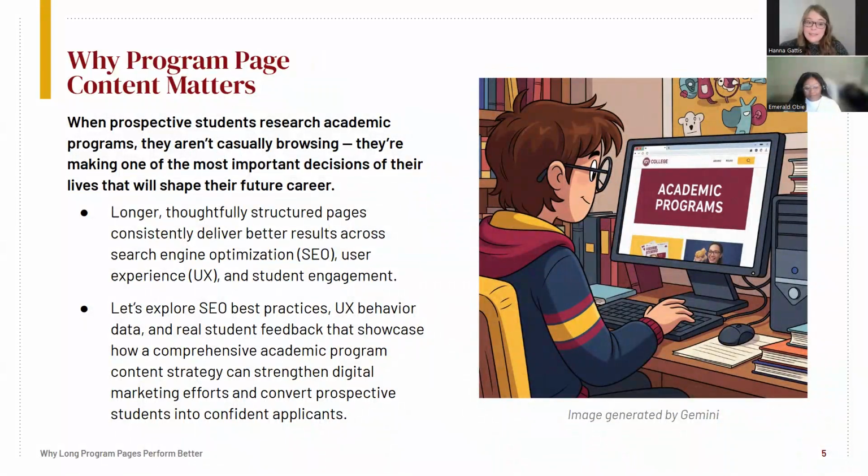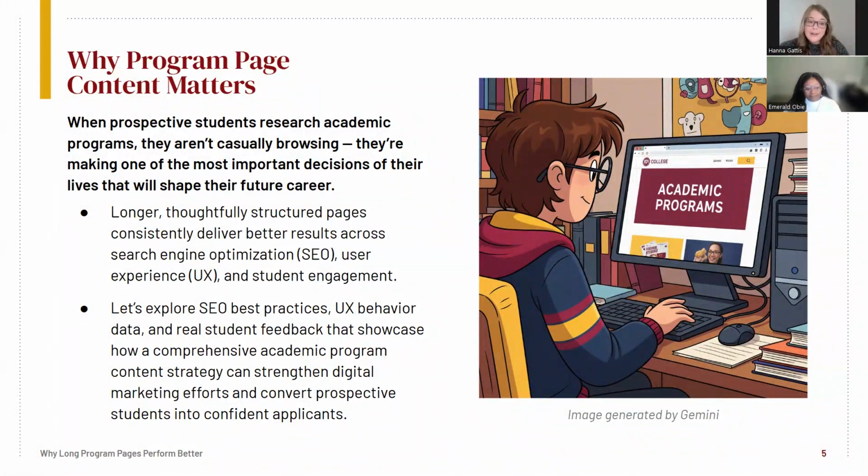In this moment, students expect and need detailed, reliable information to help them compare their options across schools, understand career information like salary outcomes, and feel completely confident before they even consider applying to your school. In fact, for many students, their college choice entirely depends on finding that right academic program.